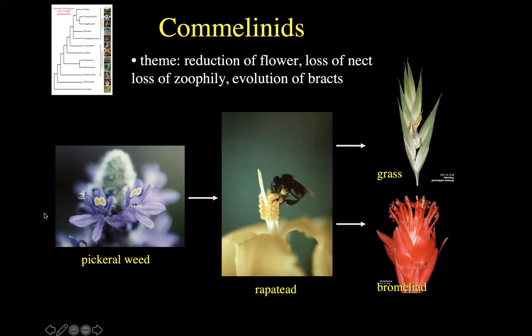So there's kind of a cool overall evolutionary trend in the monocot families here, which is a reduction of the flower, a loss of nectar, and loss of zoophily or association with animals for pollination, and the expansion and evolution of bracts. So you might find it kind of interesting that wind pollination is a derived or later evolving trait, whereas animal pollination, showy flowers, is kind of more ancestral in this group.